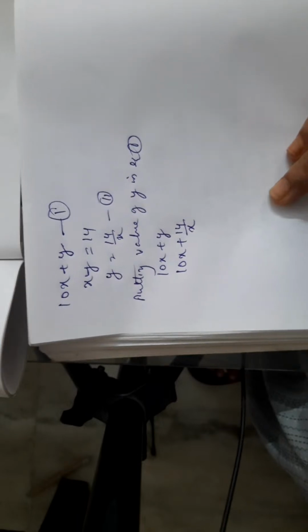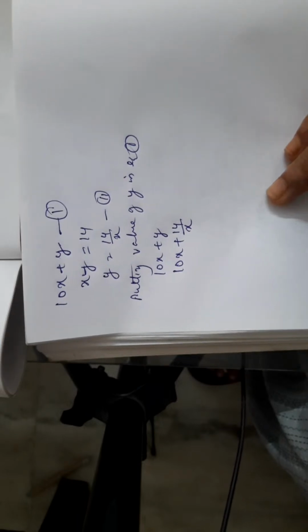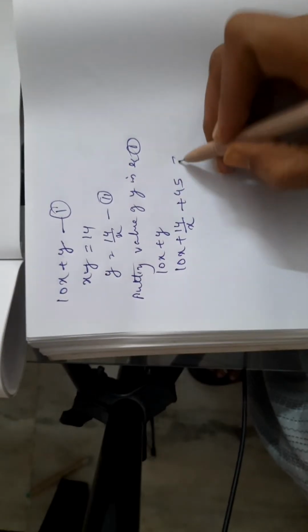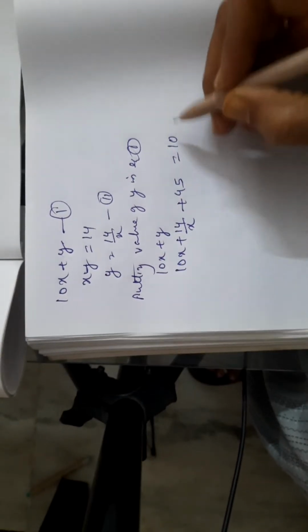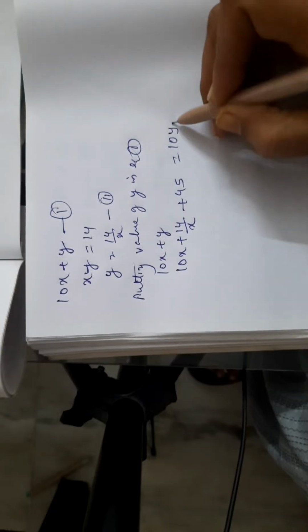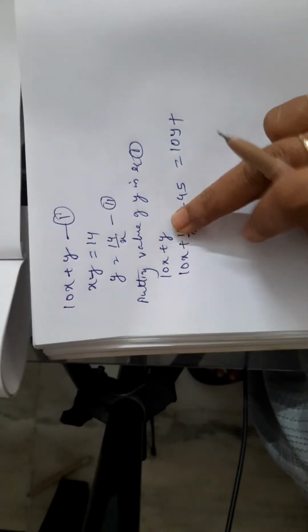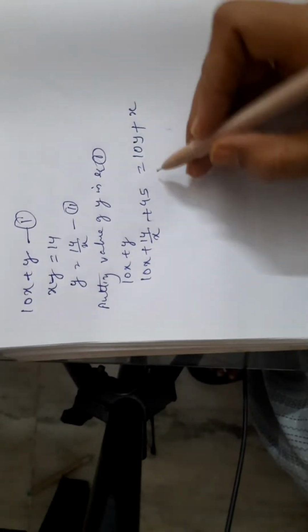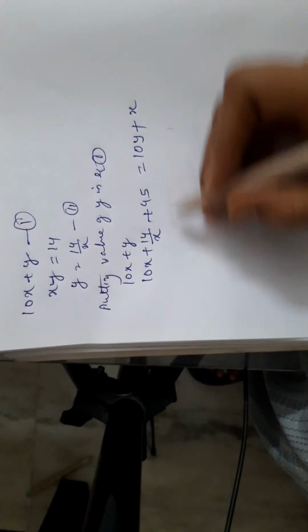Here the question is given, if we add 45 to the number, the digits will reverse. So the number will change to, instead of 10x plus y, 10y plus x. Again replace y with 14 upon x.